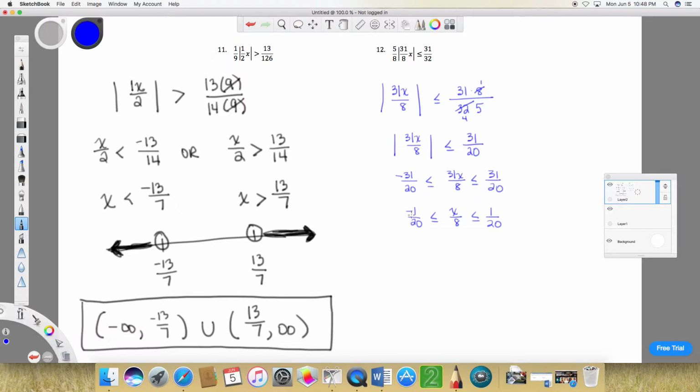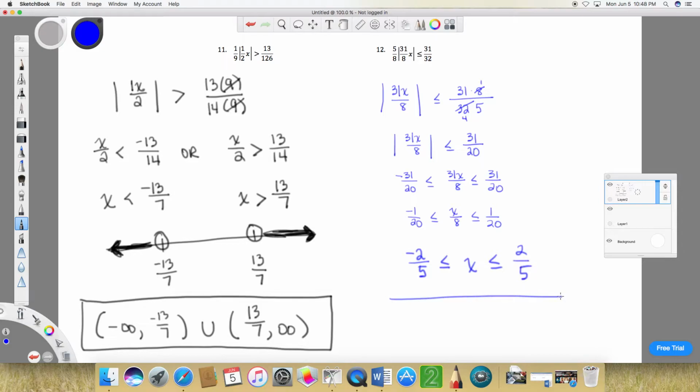So when I multiply this negative 1/20th times a positive 8, they're both divisible by 4, so they share a common factor of 4, and this becomes negative 2/5. And this becomes x, and this becomes positive 2/5.